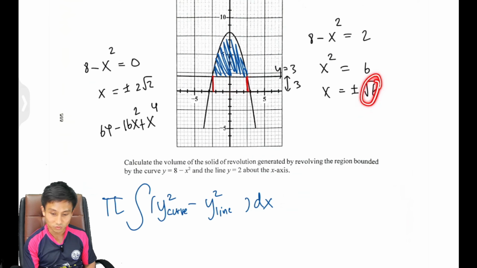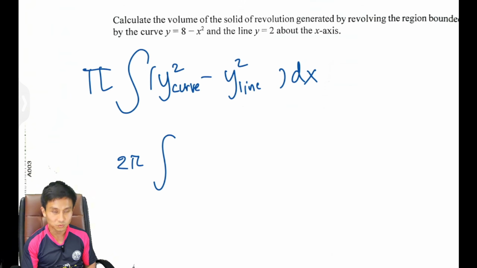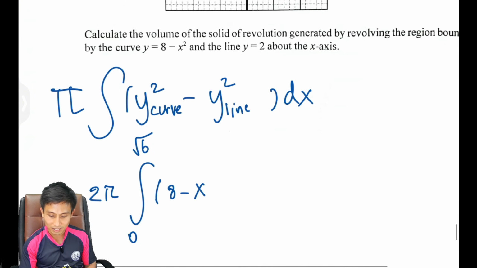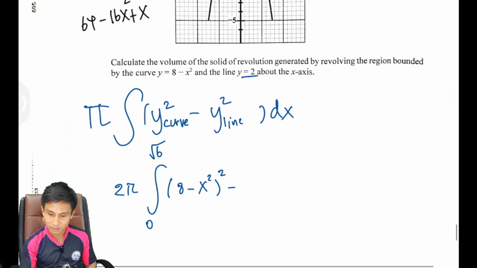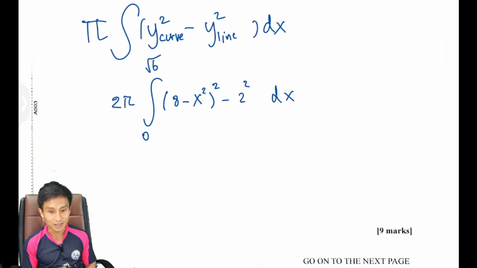It was √6, right? So it's just going to be 2 pi, because we take 1/2 and multiply by 2. So it's 0 to √6. And then y squared for the curve would be 8 minus x squared, minus the line, which is 2, 2 squared, and then dx. So if we calculate that, we're going to get the answer, right?